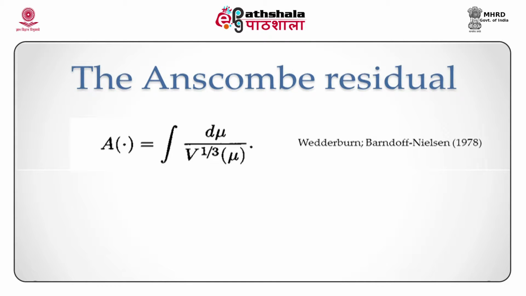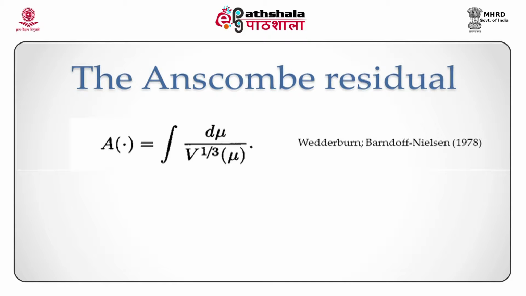function A of y. So Wedderburn shows that in order to get normality, in the case where we are using an exponential family, the optimum choice of A is given by A equal to the integral of d mu over the variance function to the power of 1/3.